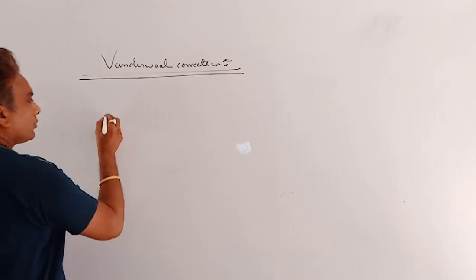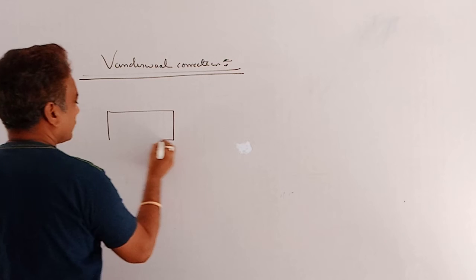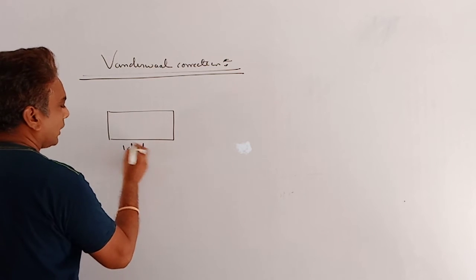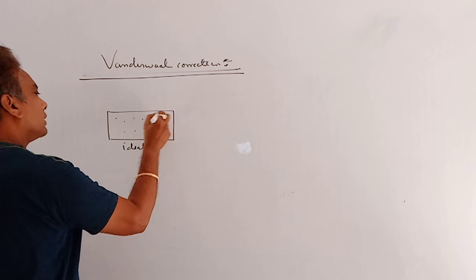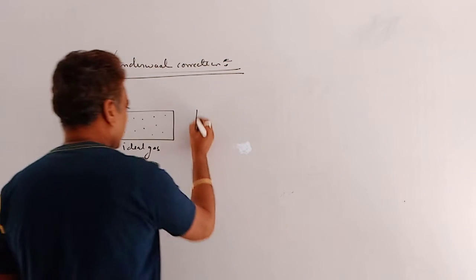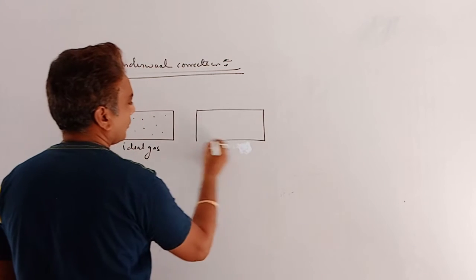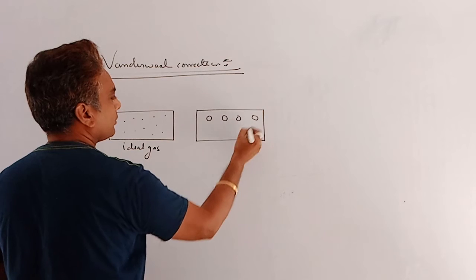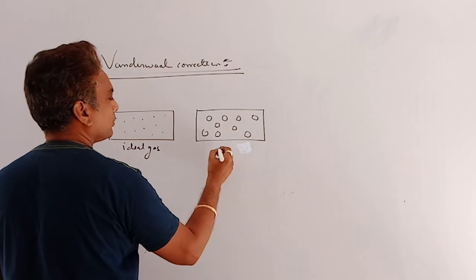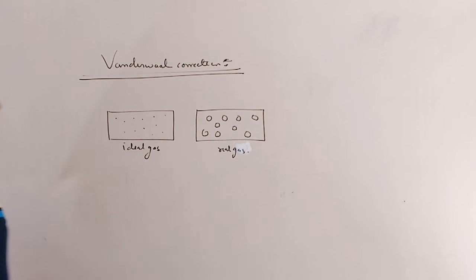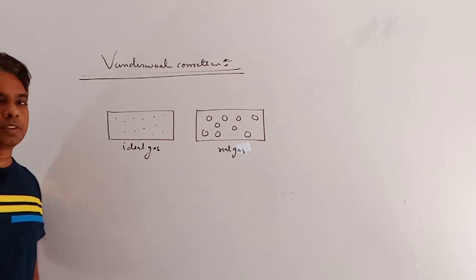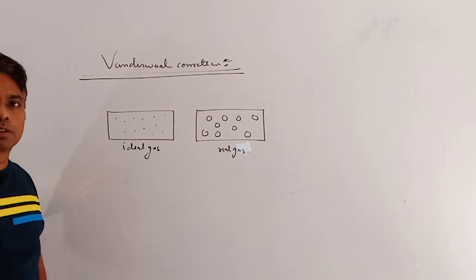Suppose here is the ideal gas, assumed like this, and here is the real gas. The real gas particle is much larger as compared to the ideal gas particle.